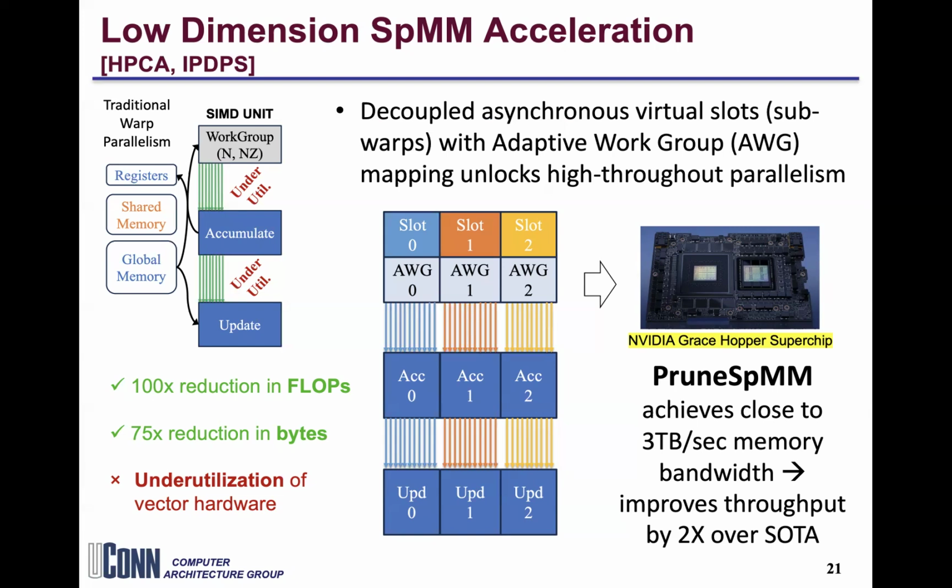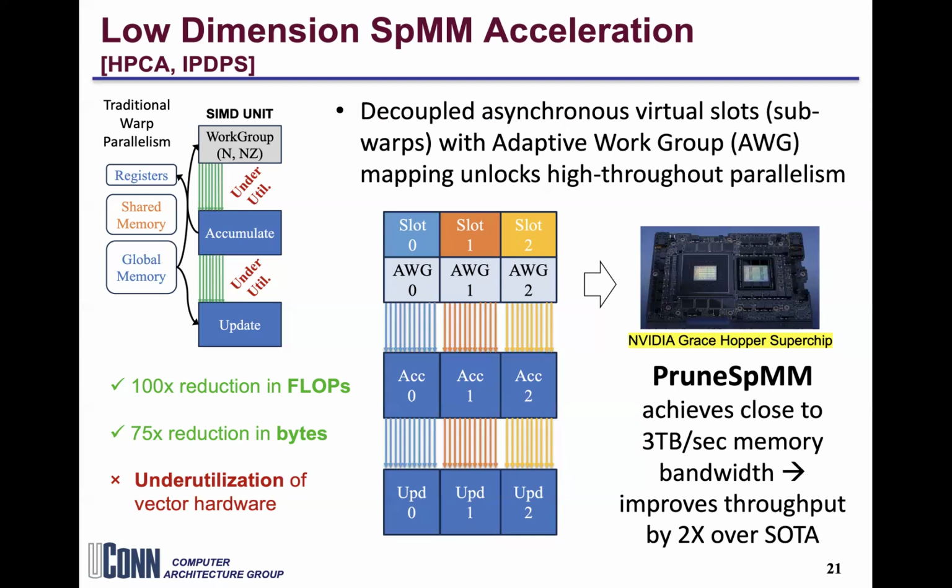So what we proposed to deal with this hardware challenge was a decoupled asynchronous execution model where you unlock some of the hardware capabilities in these modern machines, where we can do sub-warp level mapping. We call that virtual flops. So you map the work inside the warps or inside the vector units by distributing the work and running them as independent threads.